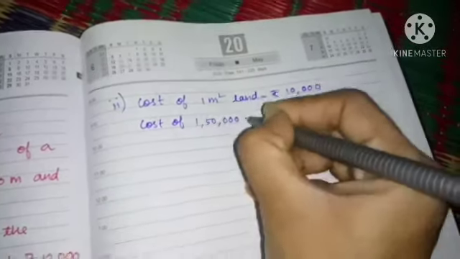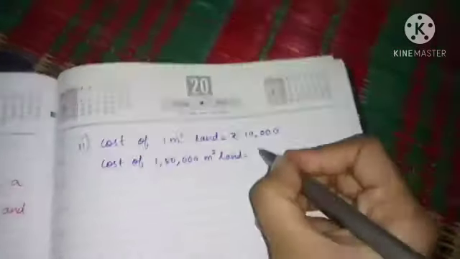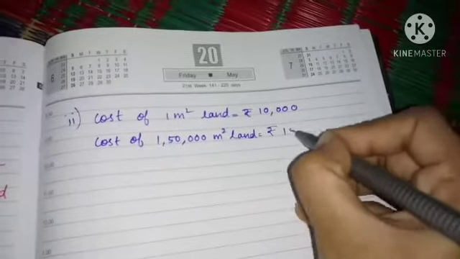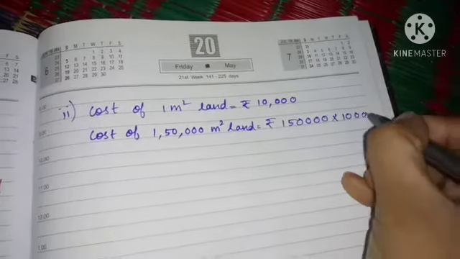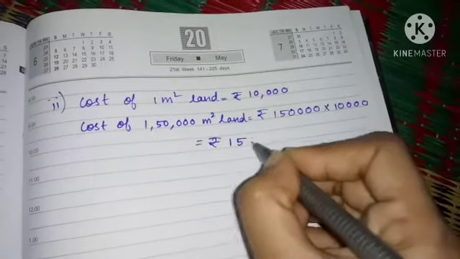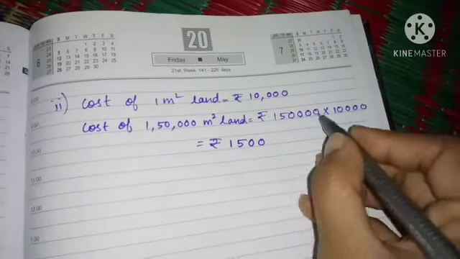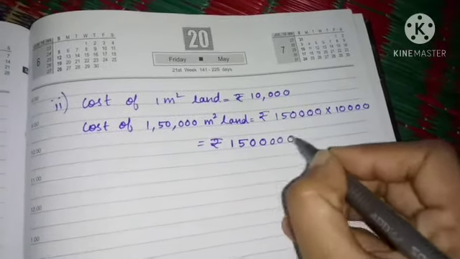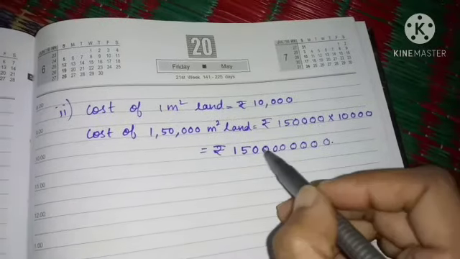150,000 meter square land, I am just multiplying rupees 150,000 into 10,000. So the answer is 1,500,000,000, that is 1 2 3 4 5 6 7 8 9 digits.